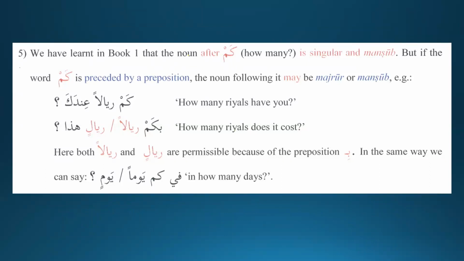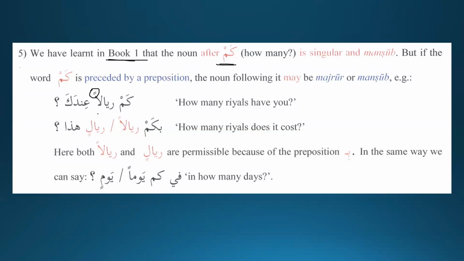We have learned about the use of kam in the previous part of the book. We learned in book number 1 that after kam, the noun is singular, nakira, and mansub.